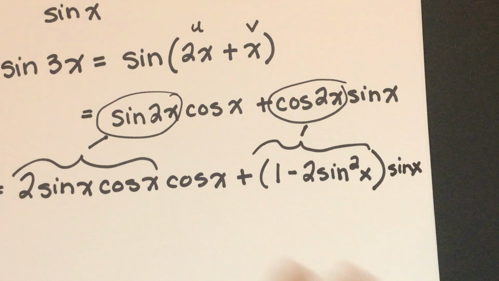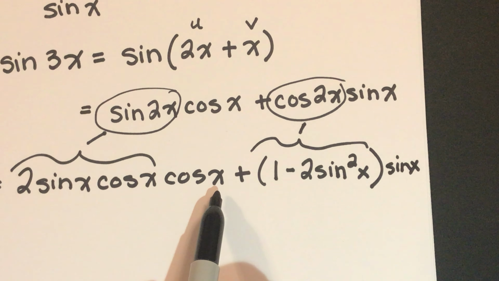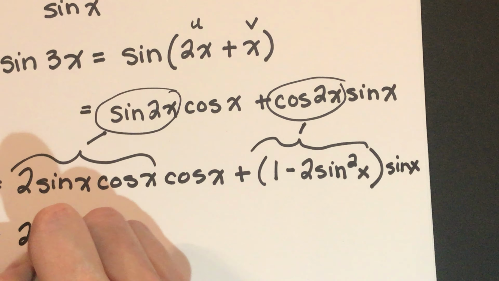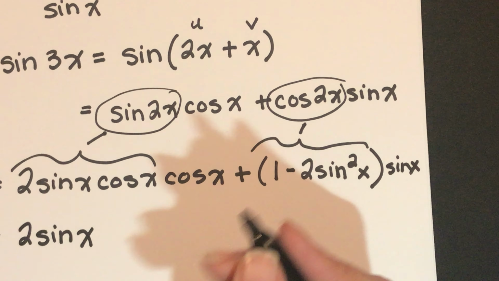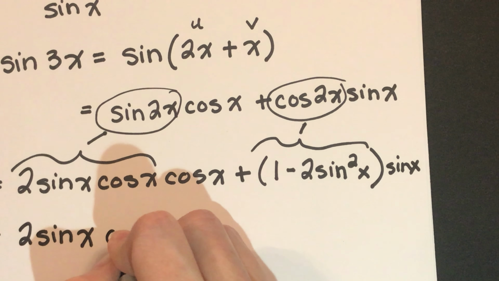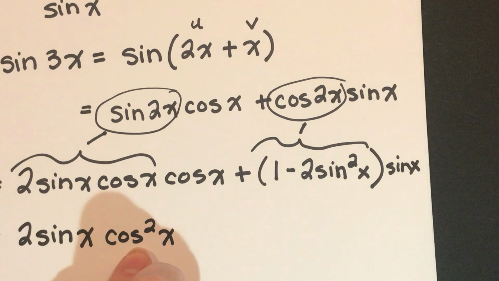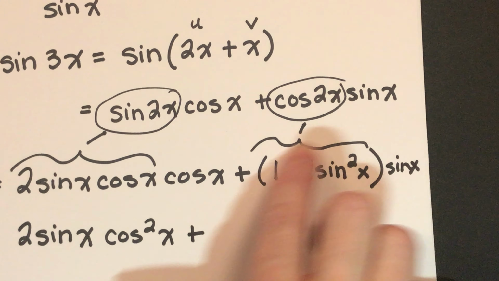All right, now we're going to combine some things. We've got cosine x times cosine x. Well, I know that cosine squared can be turned into a form of sine squared. So if we combine these, cosine times cosine is cosine squared, plus, and then I'm going to distribute this over here.